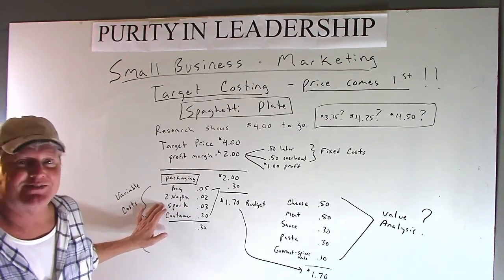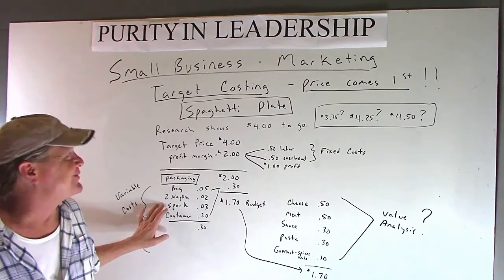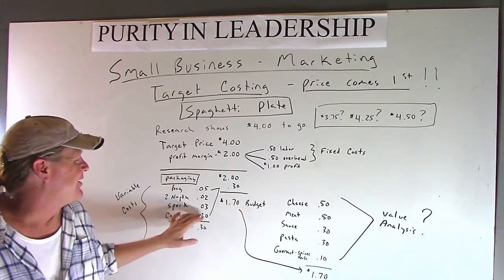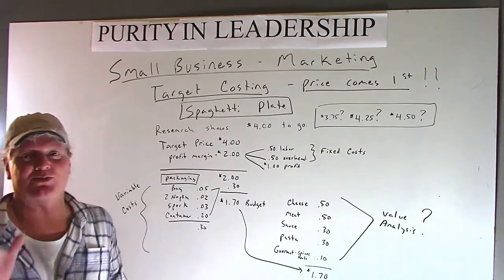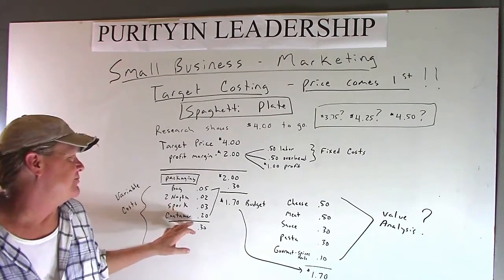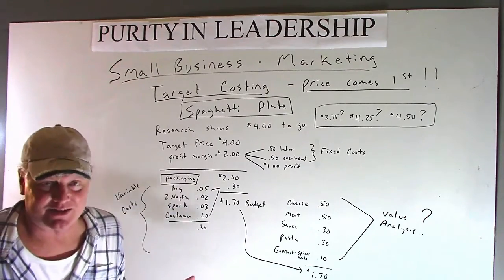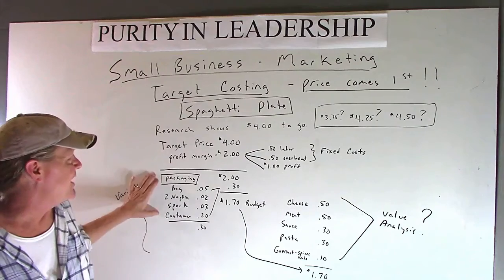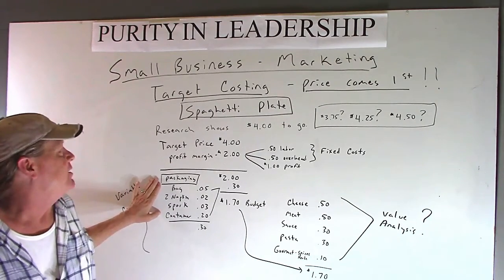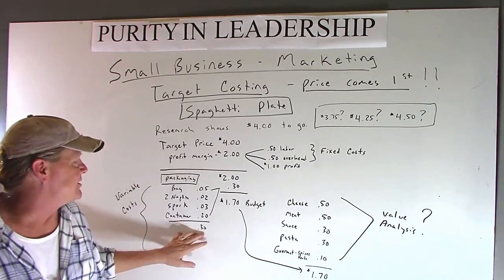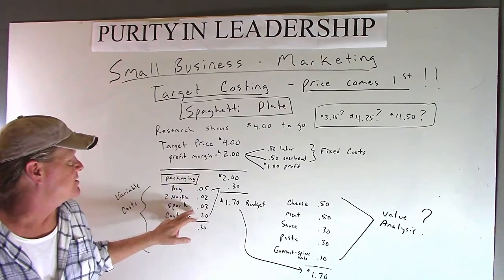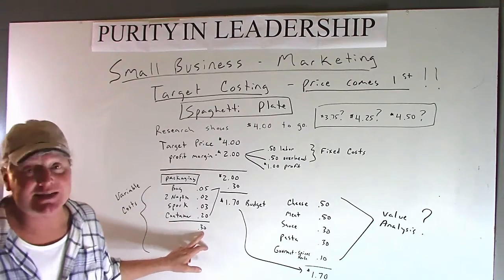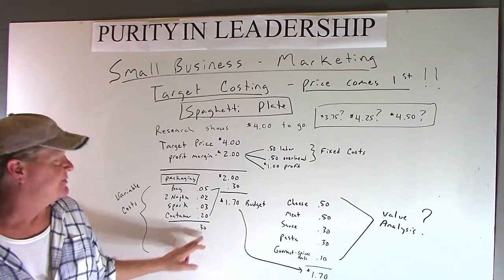A spork, which is what you get with your $4 spaghetti plate, 3 cents, and an actual container that would be 20 cents. I have no idea how much a container costs. But when we add up the packaging cost for this spaghetti plate, we get 30 cents. 5 cents, 2 cents, 3 cents, that's 10 cents, plus 20 cents equals a packaging cost of 30 cents.